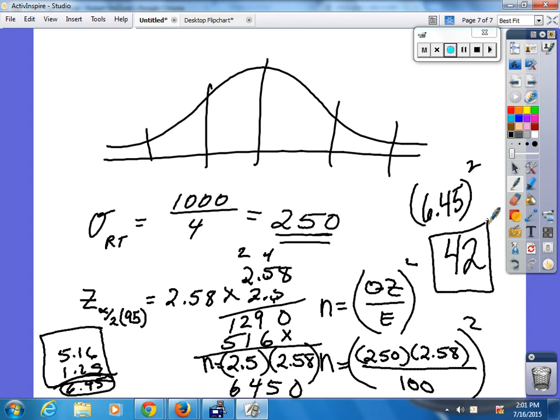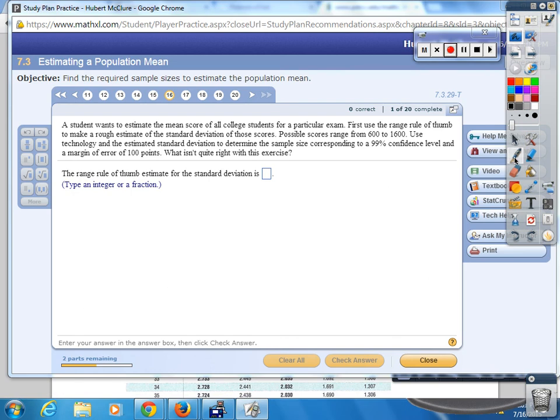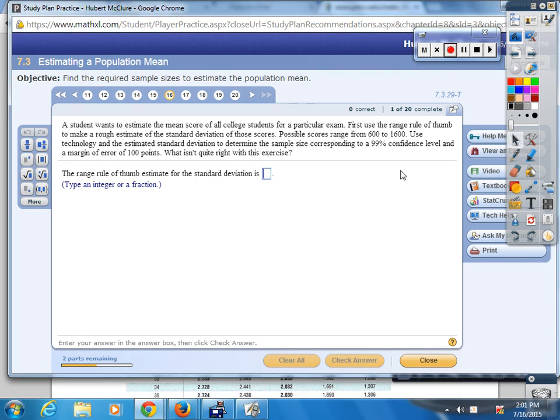You take your range and divide it by what? 4. So let's see if we got it right. What did I say, 42? Wait a minute, this is the range rule of thumb, 250.